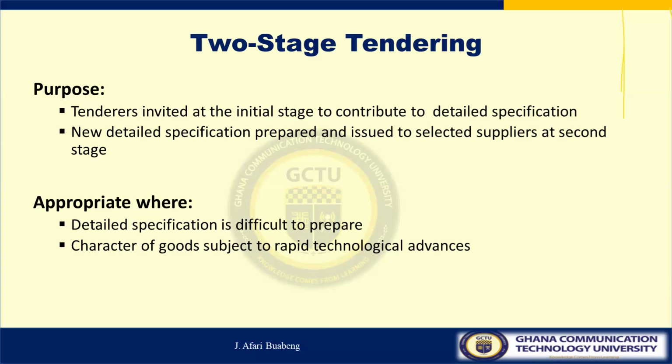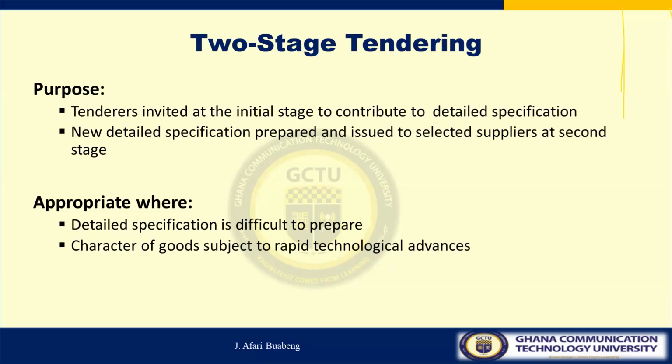Once the last person leaves, everything turns off. And this is what we are talking about. So we want contractors who can help us come out with a detailed specification or drawings.